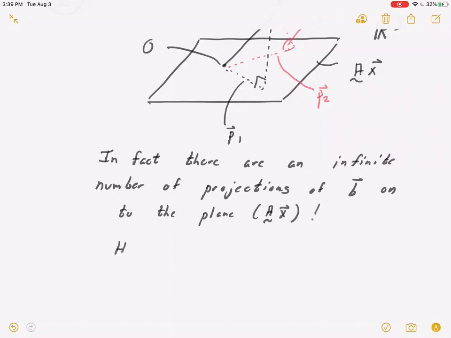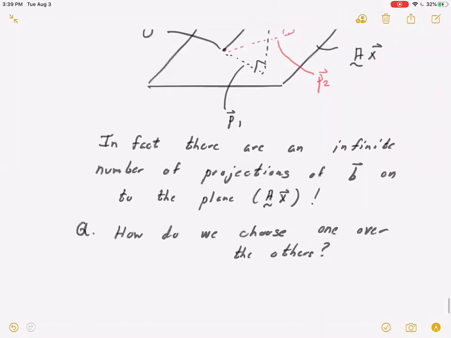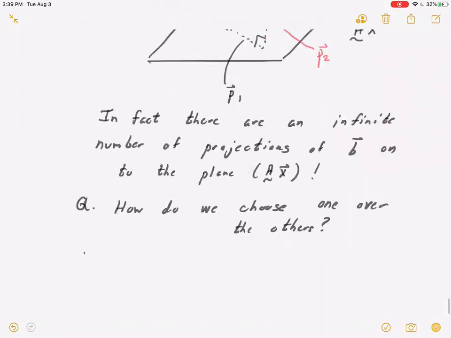So how do we choose one projection over the other, or others, plural? So we sort of go back to what we talked about in the beginning of the lecture today.